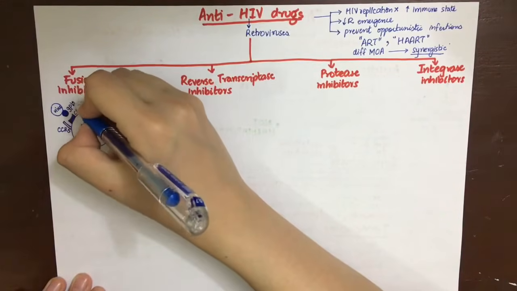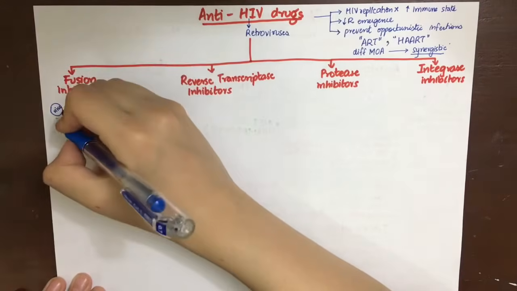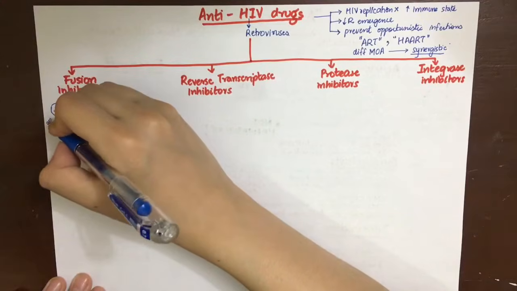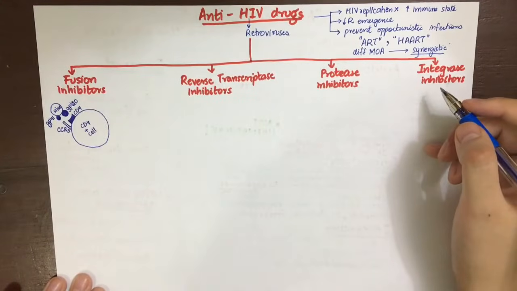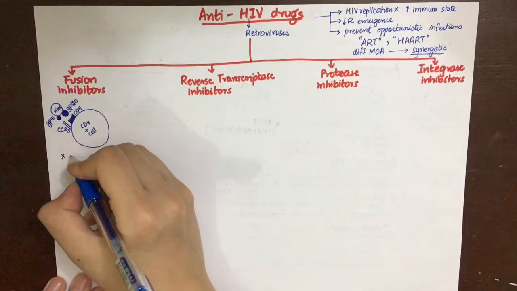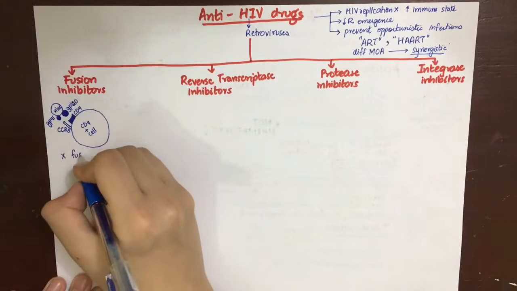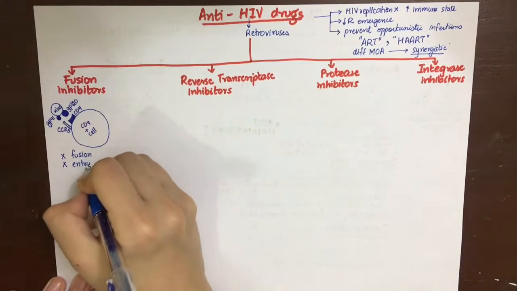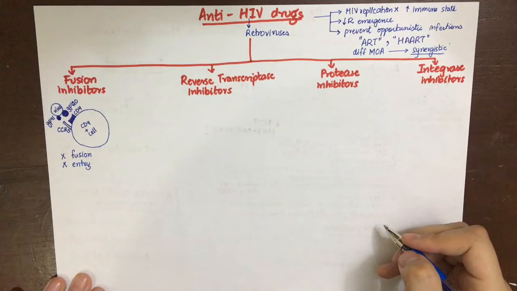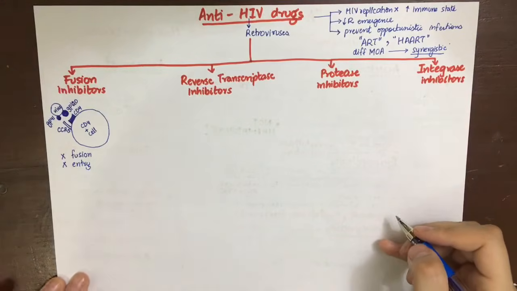The virus will have two receptors, GP41 and GP120, while the CD4 cell will have CD4 receptor and a chemokine receptor known as CCR5. Now the GP41 will interact with CD4 and the GP120 will interact with CCR5, and thus the virus will enter the cell.